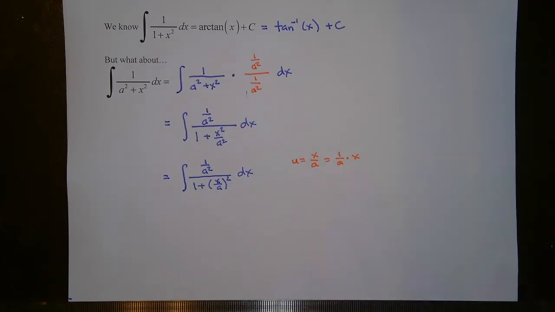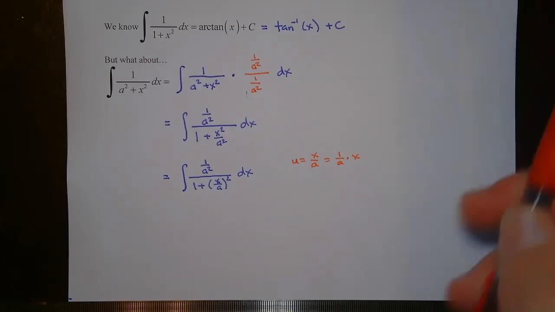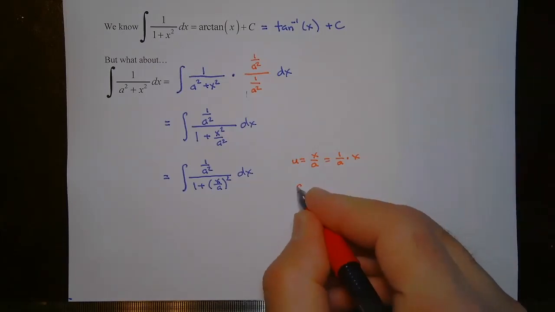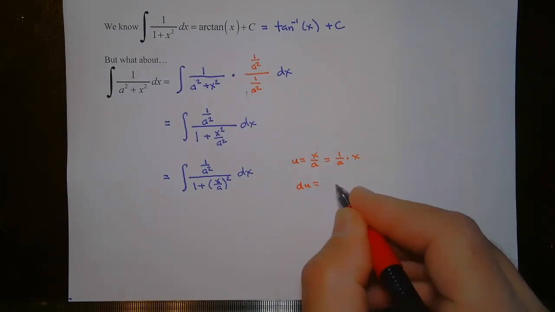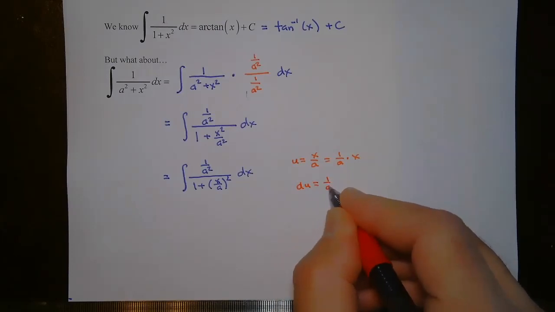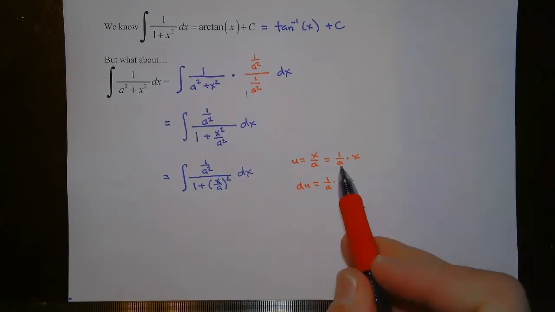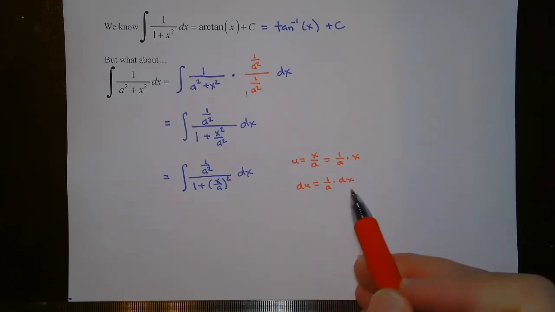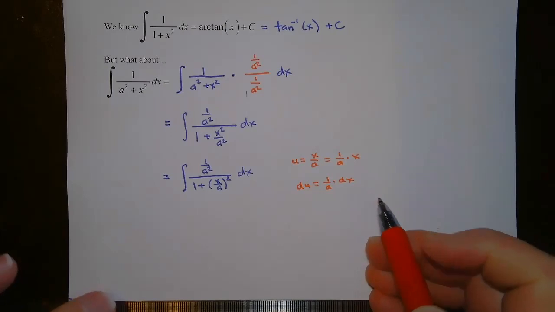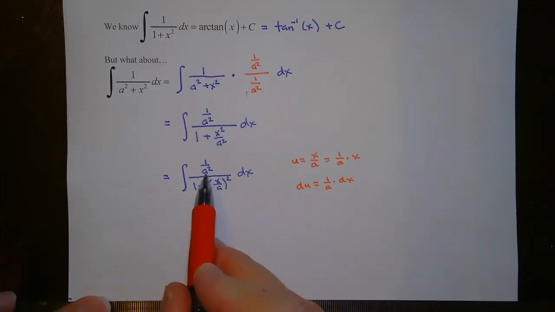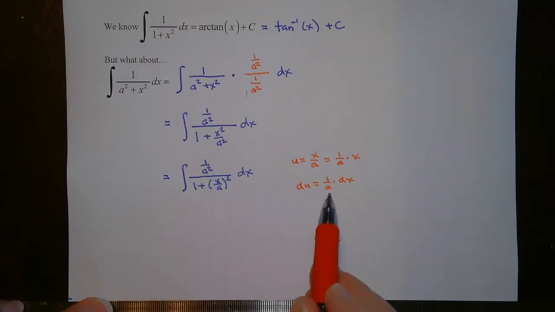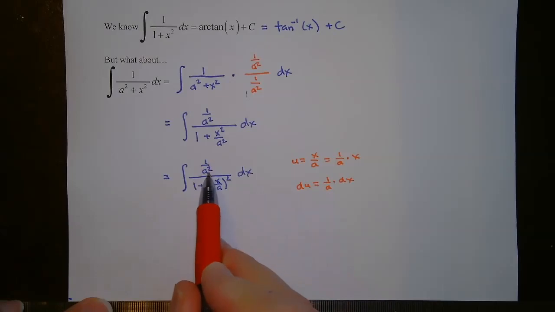All right, now what's the derivative of that, okay? So what's our du? Our du is just 1 over a times dx, right? 1 over a, the constant, times the derivative of x, so that'd be dx, okay? All right, now, right here, we have an extra a here, right? We have 1 over a squared. We just need 1 over a. So I'm going to break this up, okay?